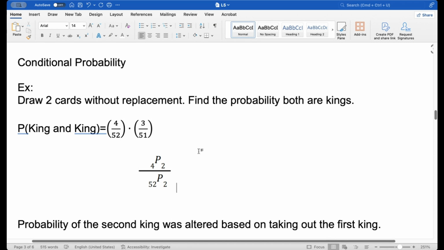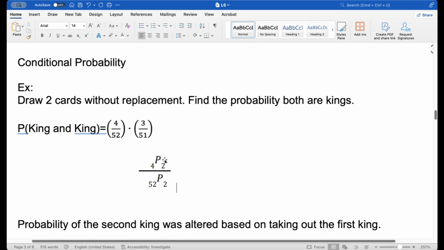But here we're seeing a conditional probability in the sense that the probability of the second king is different than the first king because the card was not replaced. We have an altered probability there because the first king was removed. And notice that this does look like a permutation, a mini permutation.